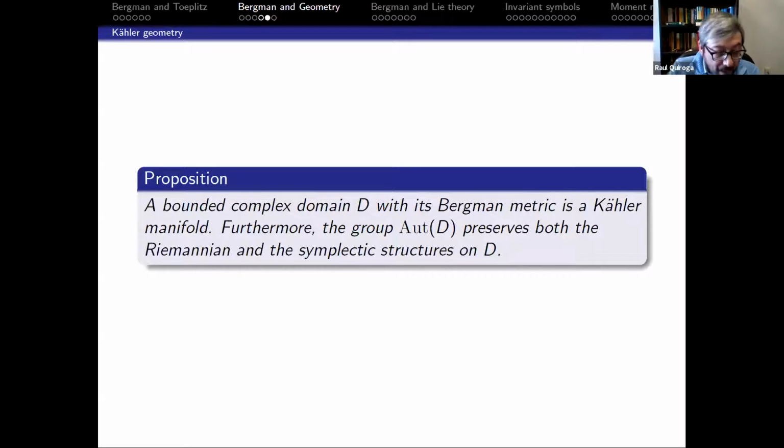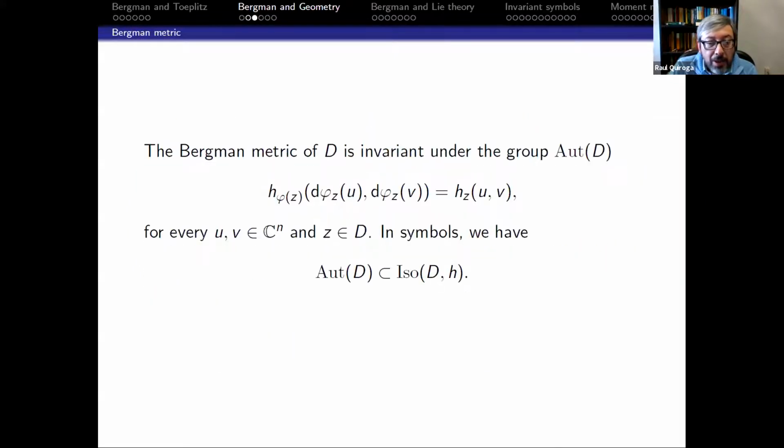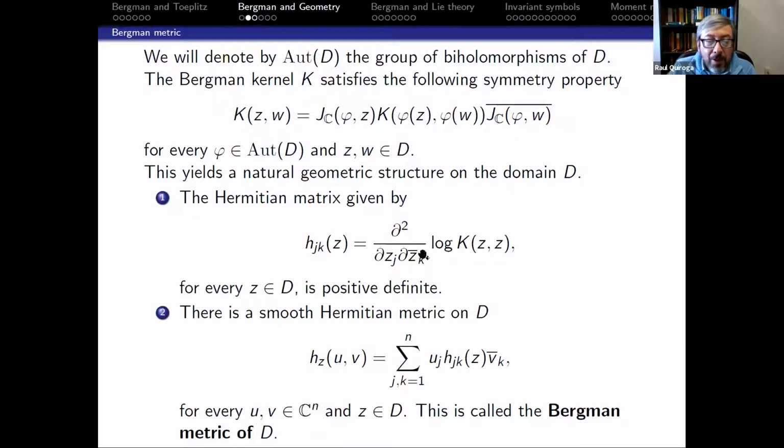Now, this is a fundamental fact. A bounded complex domain with its Bergman metric is Kähler. The two-form that we obtain from the Bergman kernel is always closed. Back to this expression over here, that comes from the fact that the metric is defined in terms of a Hessian.